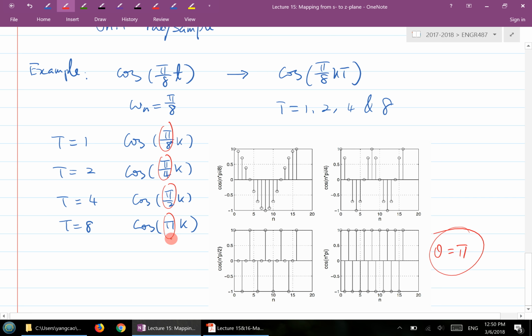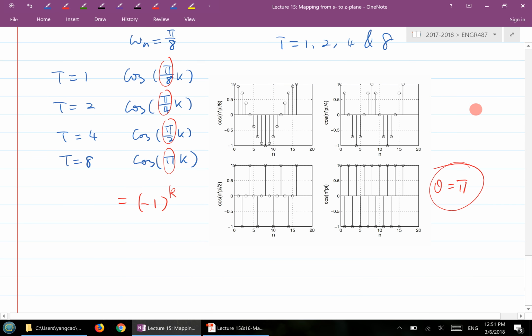So if you have a cosine pi k here, if you look at basic trigonometry, this is essentially equal to what? -1 to the power of k, right? -1 to the power of k. And I can confirm this: when k alternates between the odd number and the even number, it alternates between positive and negative numbers right here, right?